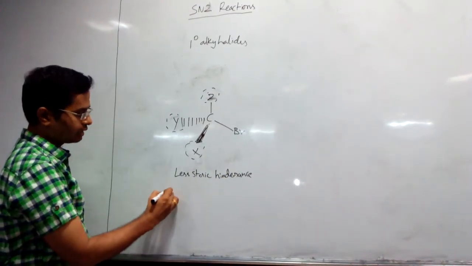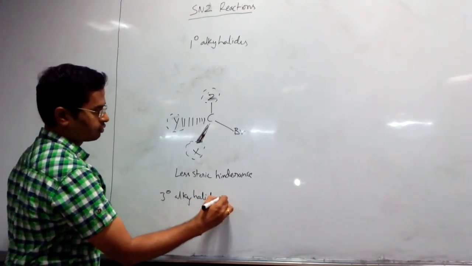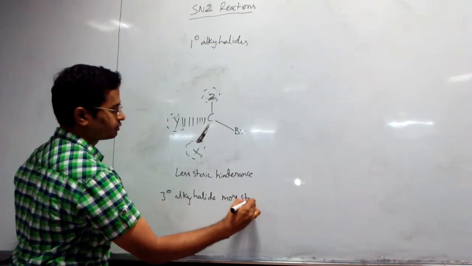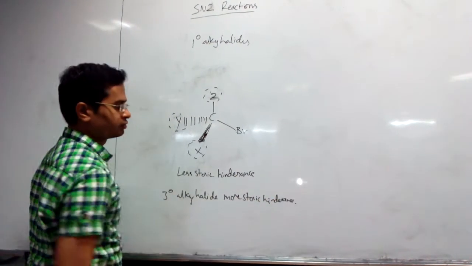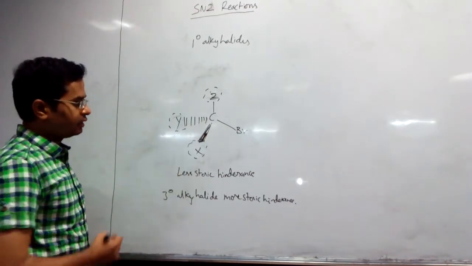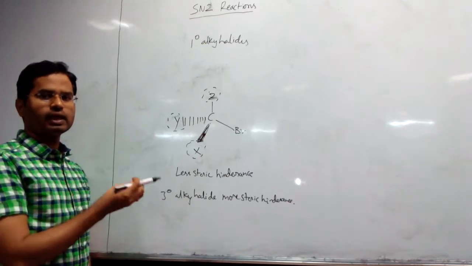Remember, in tertiary alkyl halide, more steric hindrance. But in these, X, Y, Z are small groups like hydrogen.